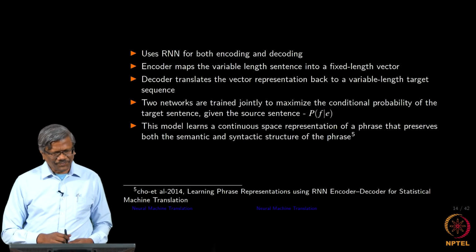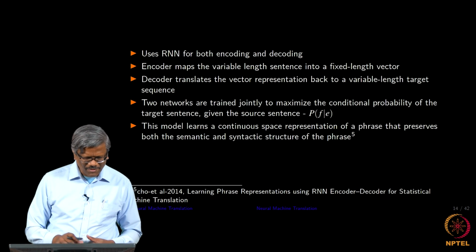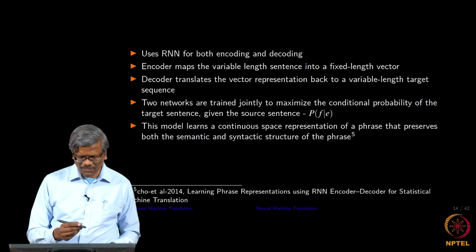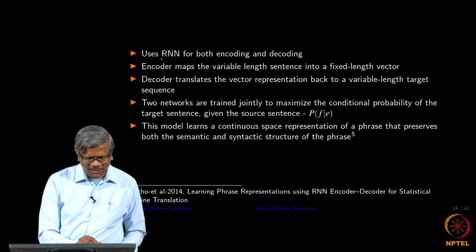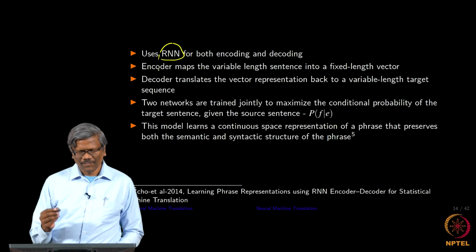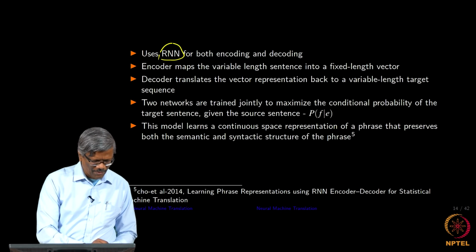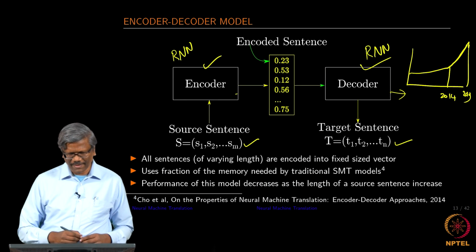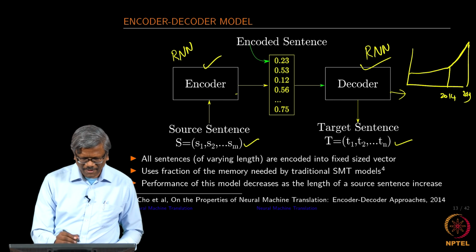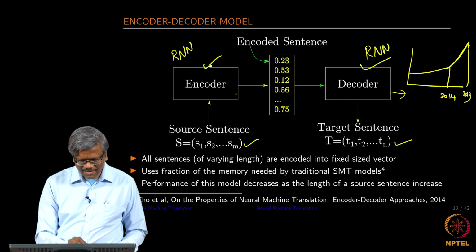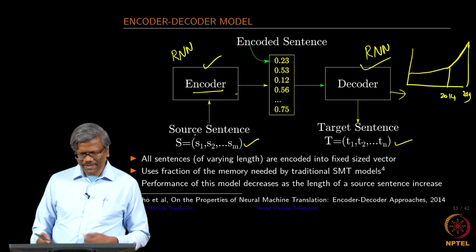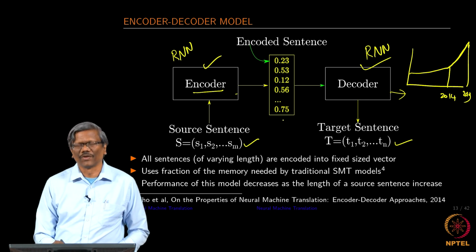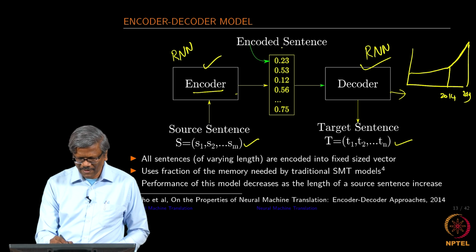All right. So, as I mentioned earlier, there are going to be two RNNs that we would use, one for encoding, another one for decoding. Okay. So, let me go back to the previous slide. I think I have not spoken about this part. So, what we have here is an encoder that encodes the source sentence and then provides you a vector.